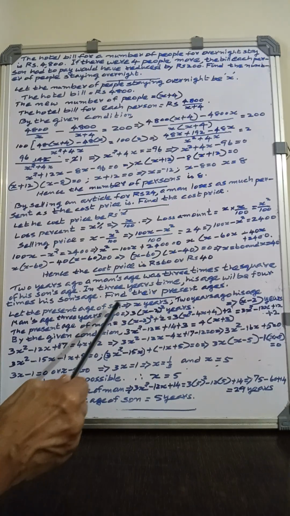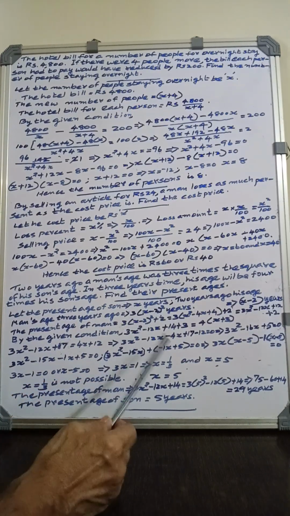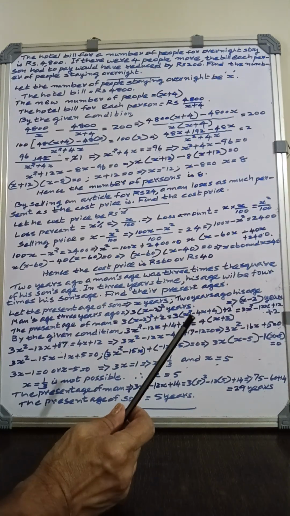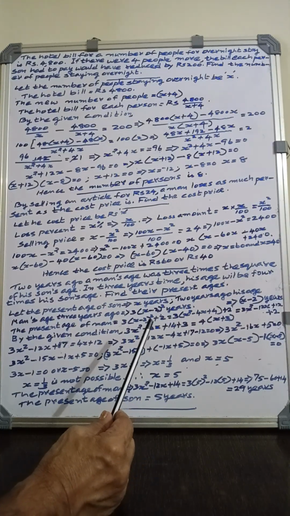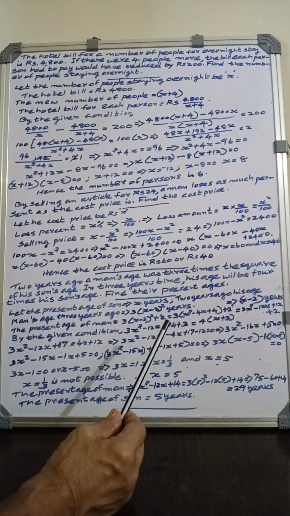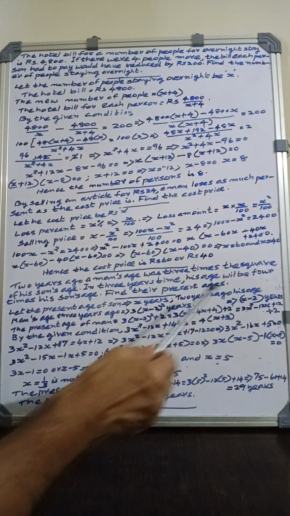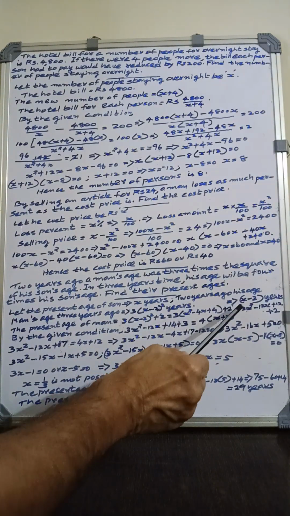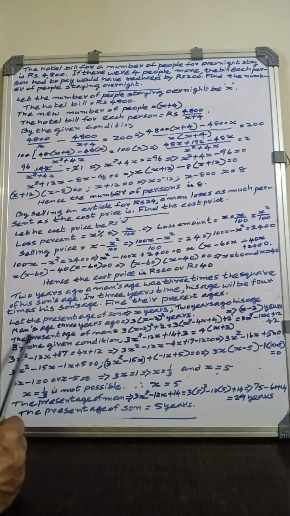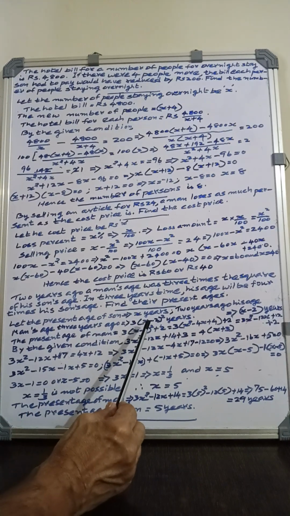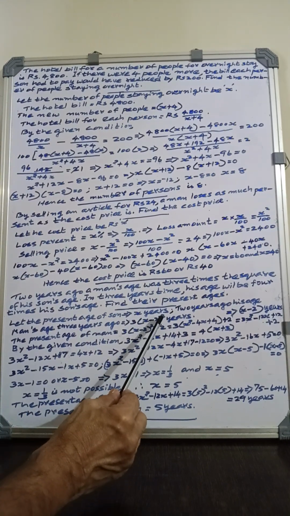Let the age of the son be x years. Why? Because we can take the smallest one to be x. Then it will be easy for you to evaluate. 2 years ago, his age is x minus 2 years. Man's age 2 years ago was 3 into x minus 2 the whole squared.